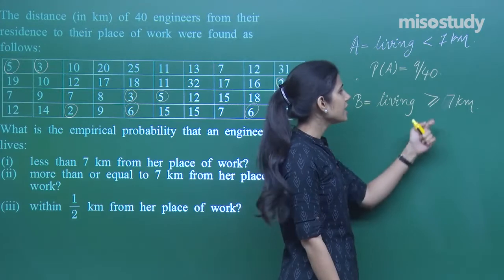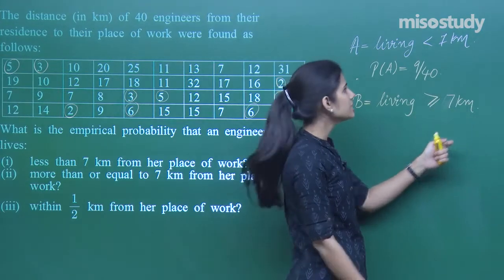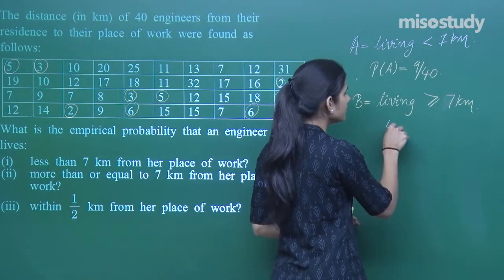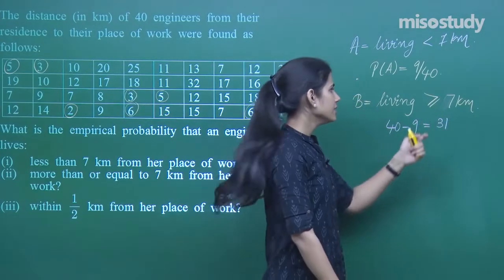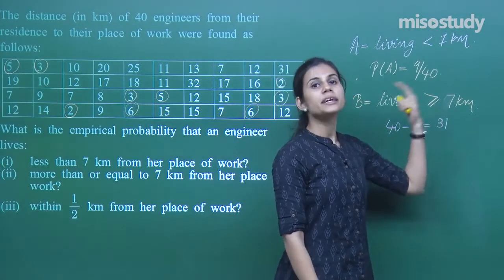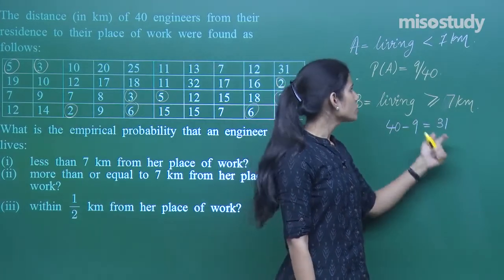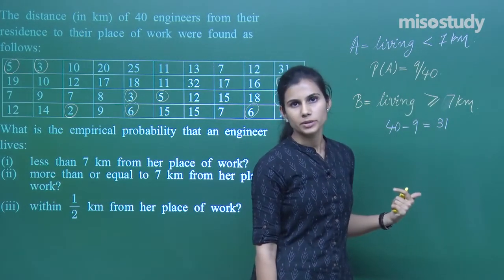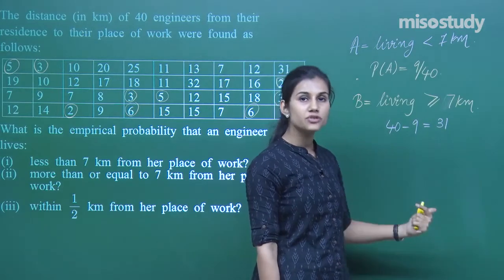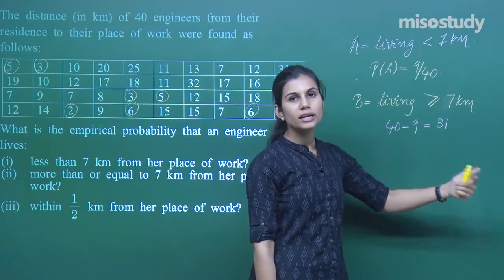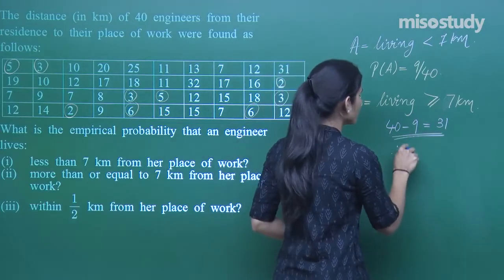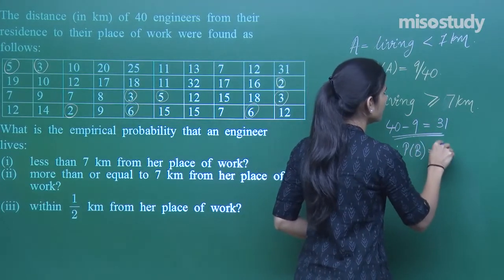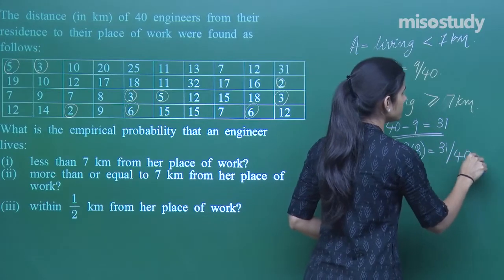How many engineers are living greater than or equal to 7 kilometers? 40 minus 9, that is 31 engineers are living either 7 kilometers away or greater than 7 kilometers away, because only 9 are living less than 7 kilometers away. So out of 40, 9 are living strictly less than 7 kilometers away, rest all are living greater than or equal to 7 kilometers away, right? And therefore probability of B is 31 upon 40.